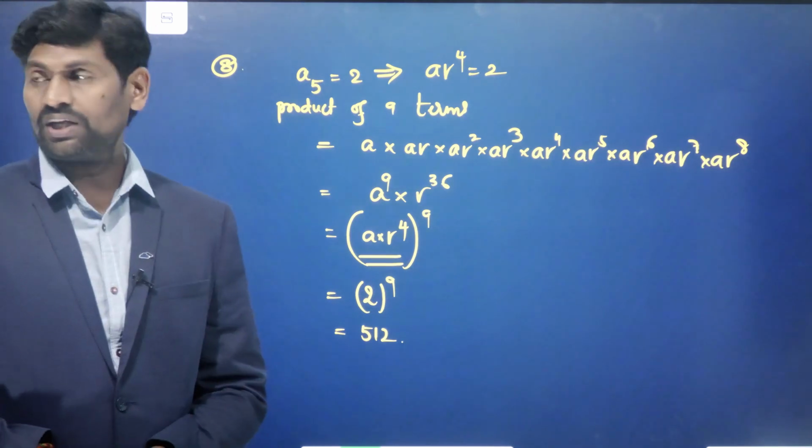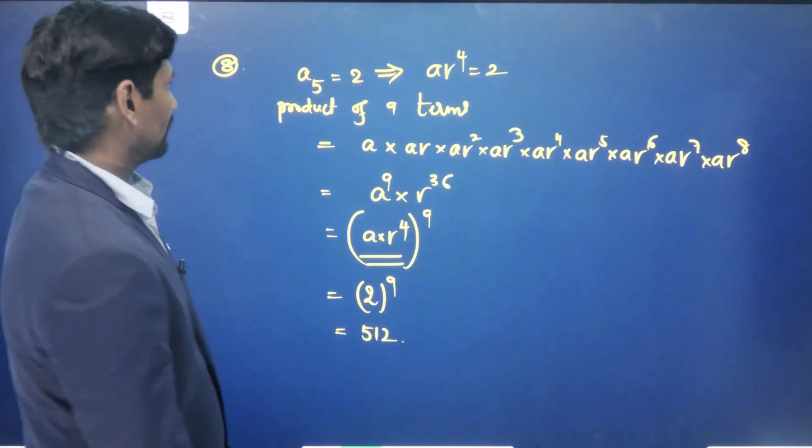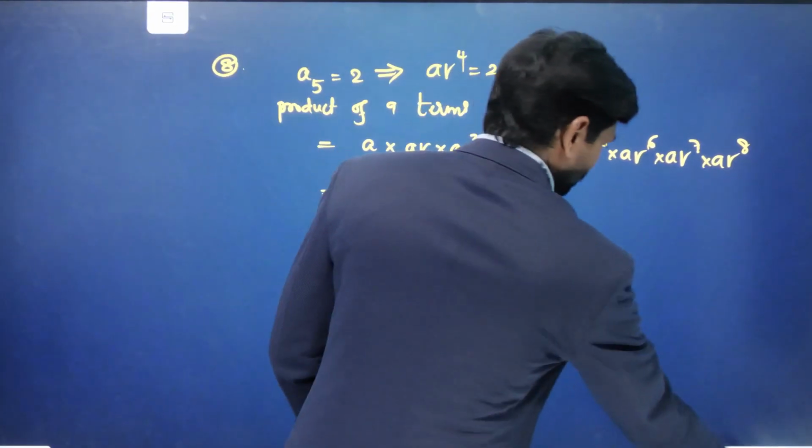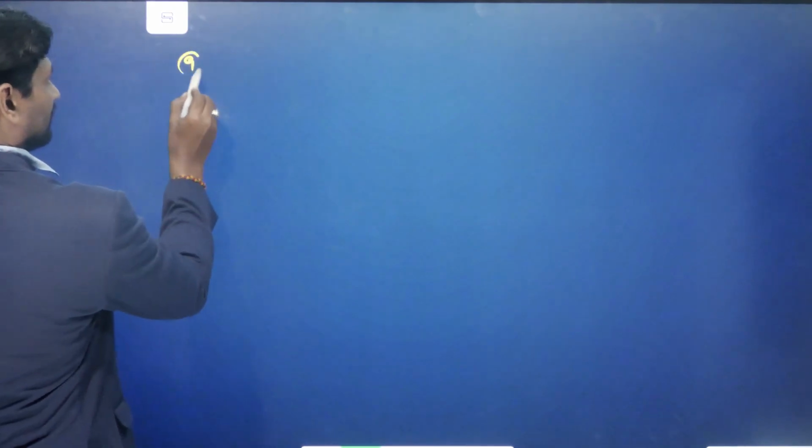Now let us go to the next problem, question number 9. Given that 1 by B minus 1 by C equals 1 by A minus 1 by B. Clearly, we already did this many times.